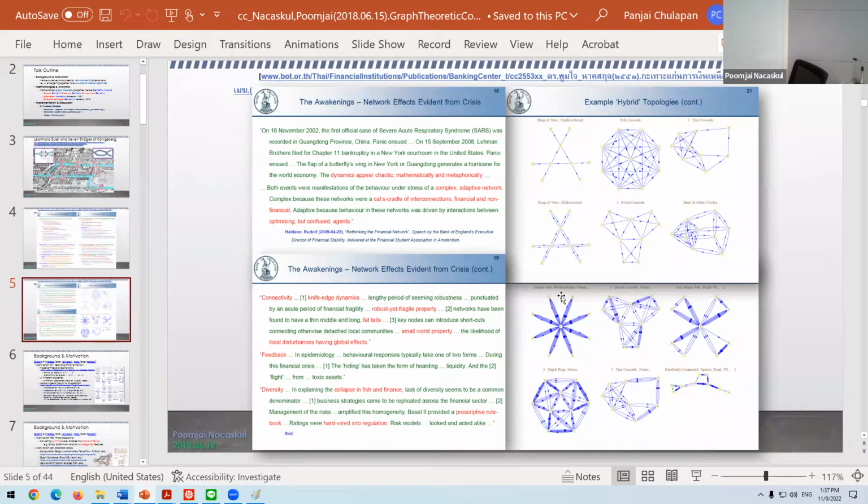But if this were the topology, and this is an extreme case, nothing is like that, but if something happens to this bank, what happens? Everything shuts down. So connectivity is a wonderful thing, but it's also a terrible thing.